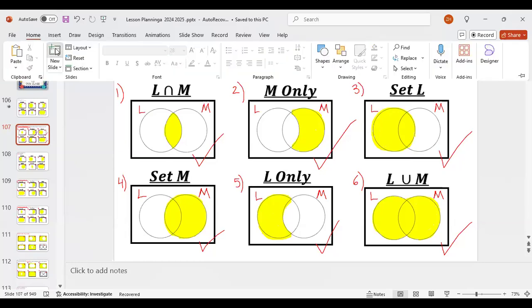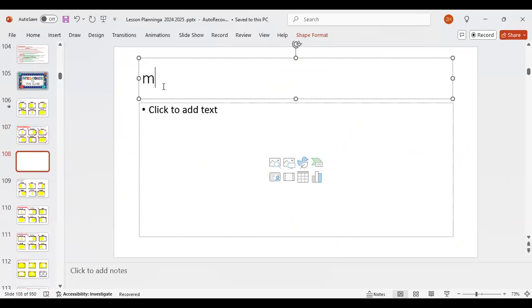Okay, so let's do some more. What time is it? We have time. So let's title this more set diagrams.